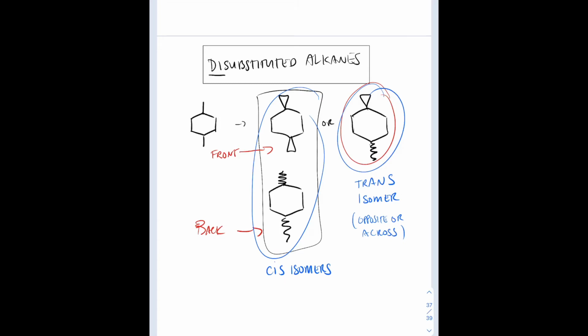Transverse, for example, is another word. Basically, that word just means across or maybe even opposite. And cis isomers are when you have something on the same side.